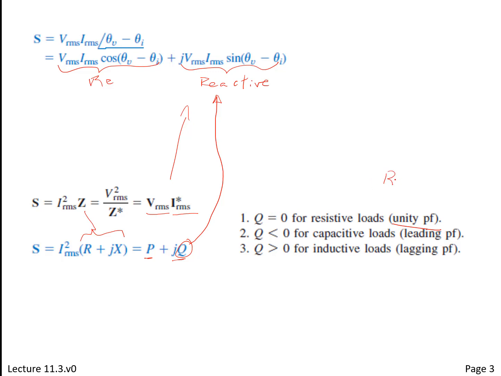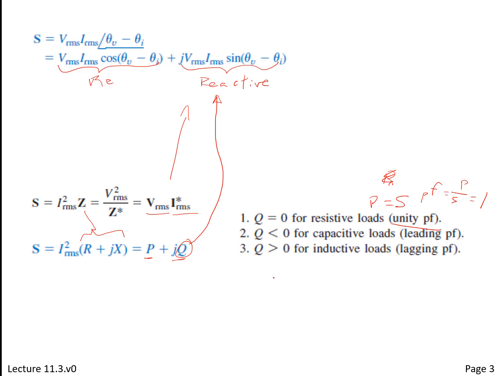Because P equals S, right? If Q is 0, there's no Q involved, so P equals S. And the power factor is P over S, which is 1. Doesn't get better than that.